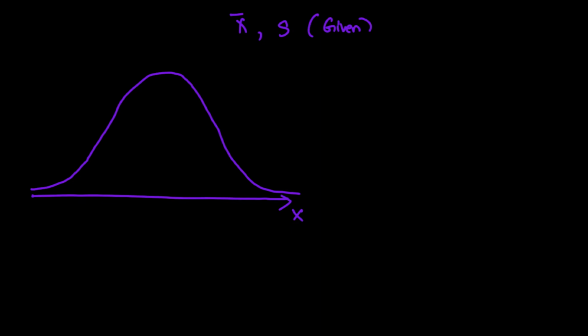And let's say the random variable for which you collected the sample is x. And this sample, when you sketch it out, has a normal distribution.